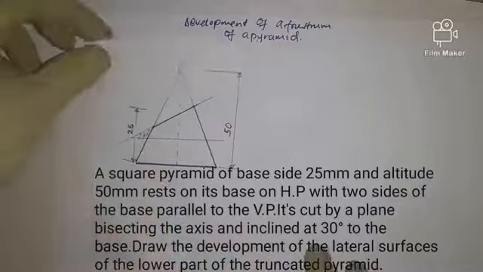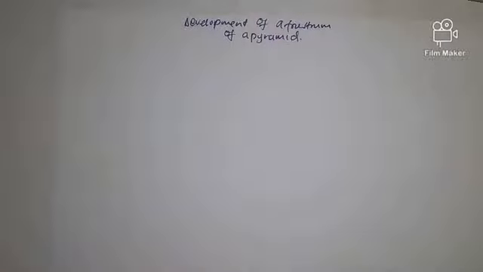So let's draw the plan first, which is our square measuring 25 millimeters. We can have it here. So this is our starting point. Our square measures 25, so we can measure this. So we are drawing our square.